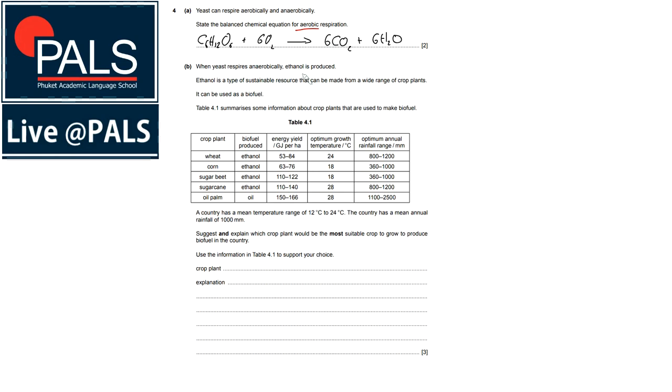When yeast respires anaerobically, ethanol is produced. Ethanol is a type of sustainable resource that can be made from a wide range of crop plants. It can be used as a biofuel. Table 4.1 summarizes some information about crop plants that are used to make biofuel.